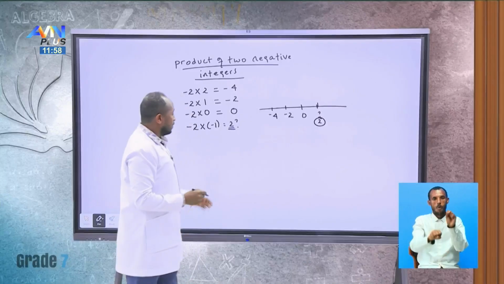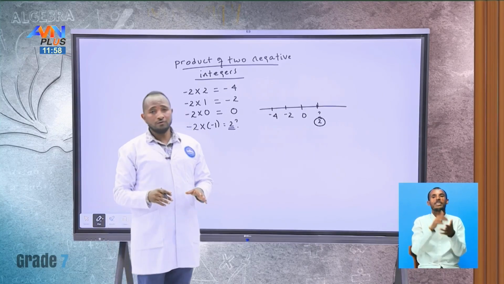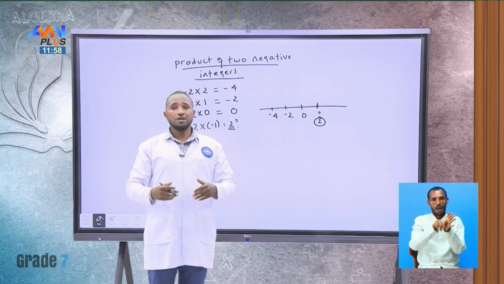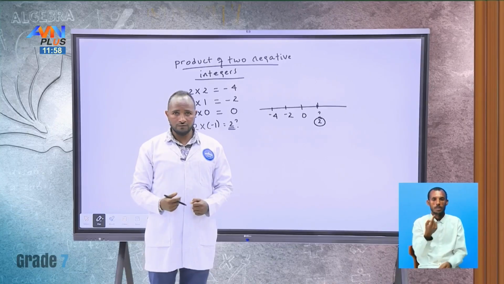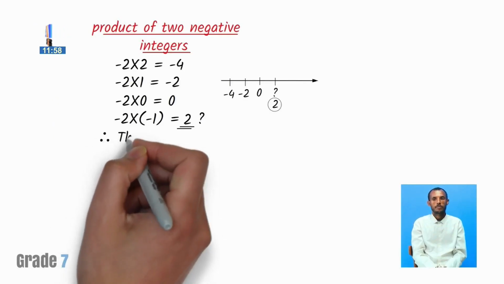So, following this, we can conclude that the product of two negative integers is always positive.